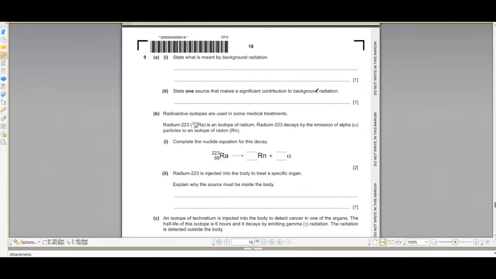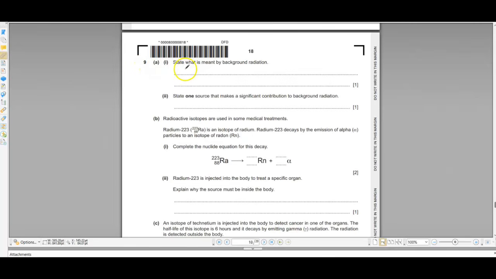Moving forward. Number 9: what is meant by background radiation? The radiation from natural sources is background radiation. Let's move on. State one source that makes a significant contribution to background radiation.